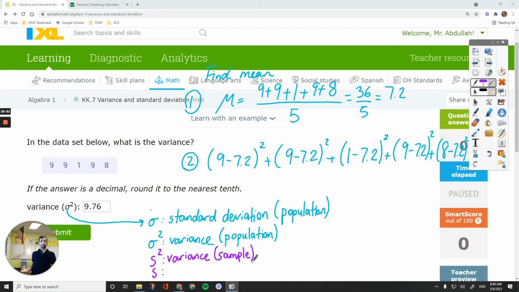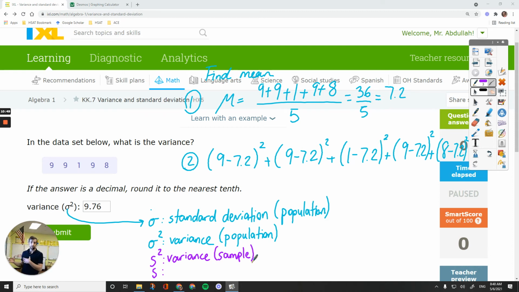Remember the example that I talked about, my classroom having like 15 students, their ages and how variable that data is? Since it's not the world's population, it's not like millions of people or billions of people in that case, that was just a small sample. If I'm talking about a sample, then the symbol that I want to use for the variance is S squared versus sigma squared.